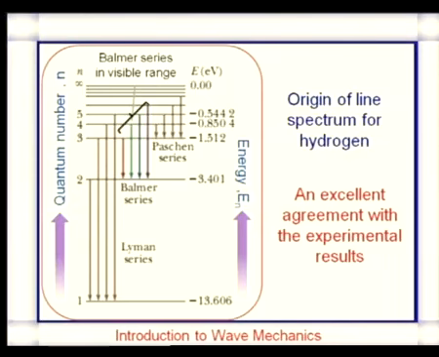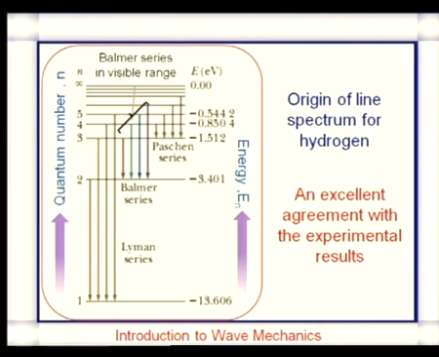I'm sure you understand that for any model of atom to be acceptable, the first and foremost requirement is that it must account for the spectrum of hydrogen atom. When we put Bohr's model to the test against the hydrogen atom spectrum, the energy level diagram and the transitions from higher energy levels to lower ones are found to be in excellent agreement with what is experimentally observed in the so-called Lyman series, Balmer series, and so on.